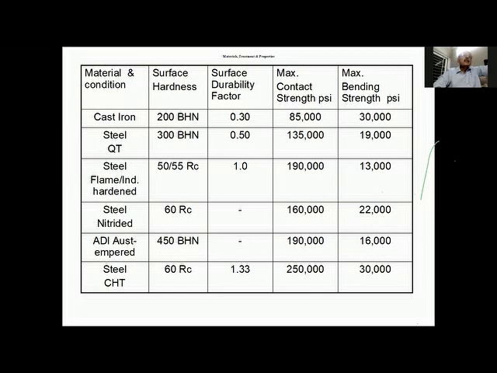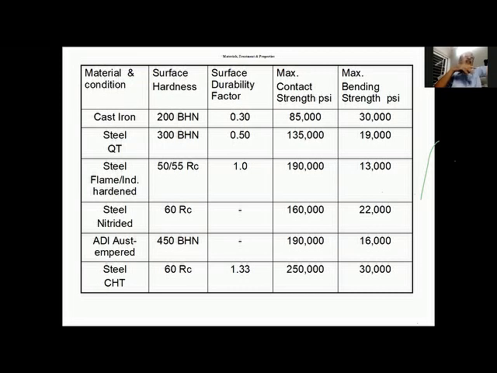The hardened and tempered steel with about 300 BHN hardness will have an improved surface durability and also a reasonable contact stress because of the higher hardness, and maximum bending strength is also lower because of the stress level and stress pattern. We'll come to that slightly later when we discuss the carburized gear.